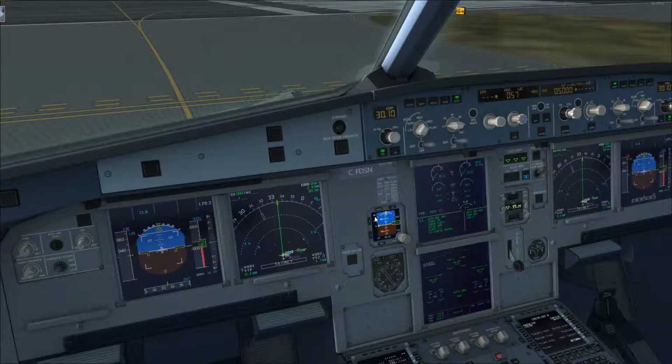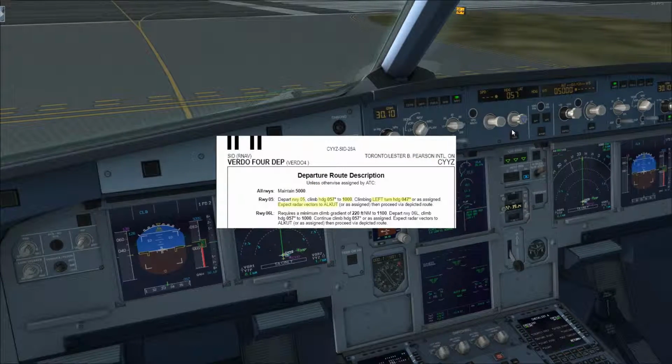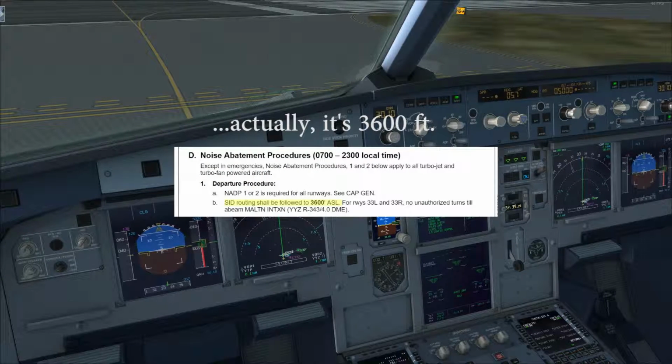The SID departure is maintain runway heading of 057 to 1,000 feet, turn left to 047, and continue on climbing to 5,000 feet and no more, and expect vectors. No other turns below 3,000 feet. So that's what we can expect.